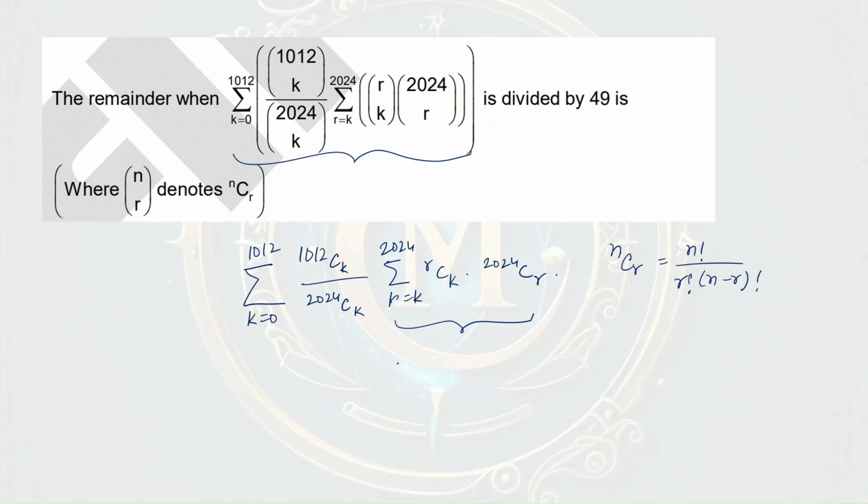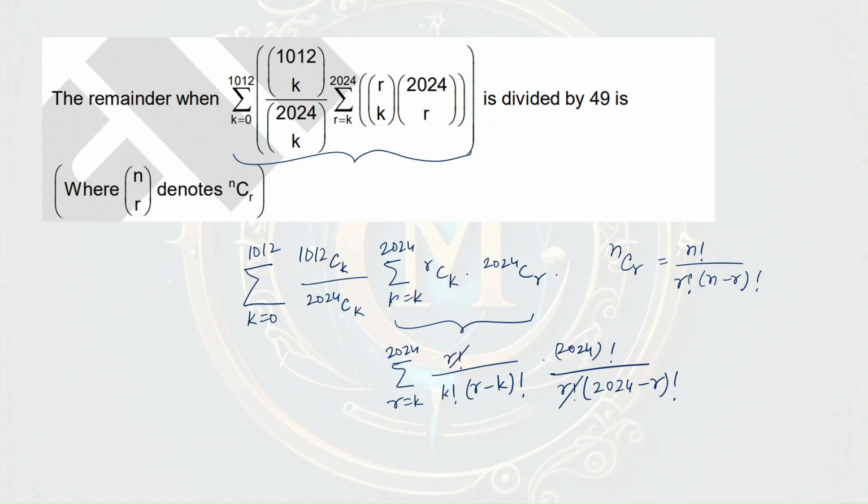That means this expression will become summation r equal to k to 2024 r factorial divided by k factorial times r minus k factorial, times 2024 factorial divided by r factorial times 2024 minus r factorial.